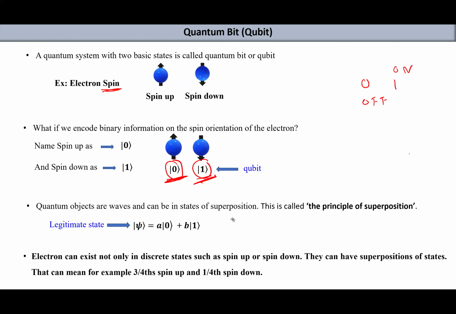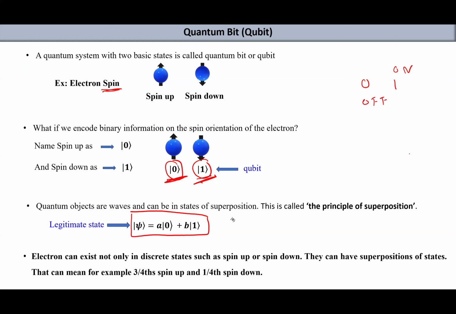So here, the third state, which we call the superposition state, we can create this state. This is the superposition of 0 and 1.